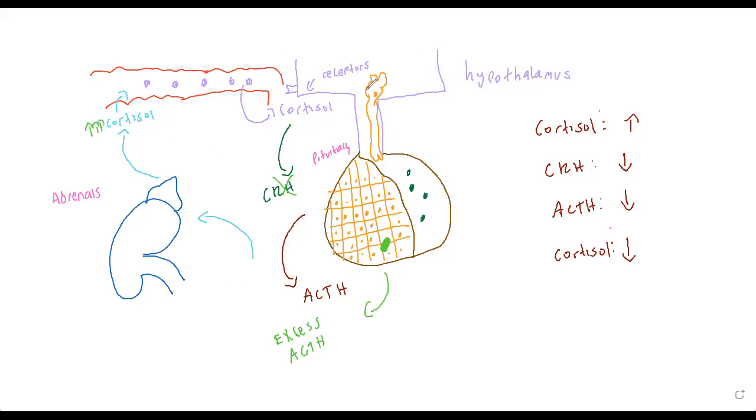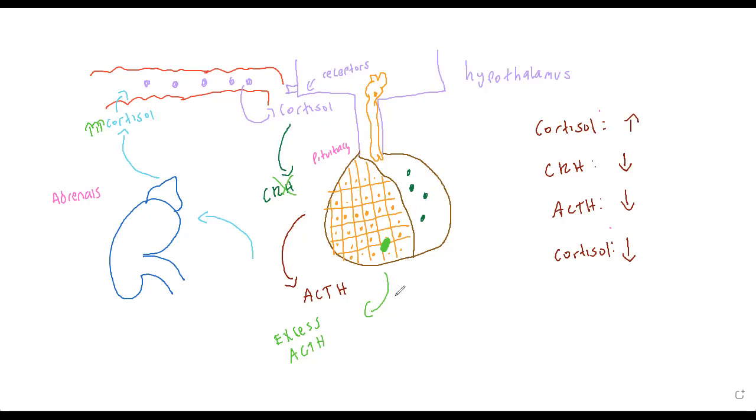And the hypothalamus is going to say, whoa, that's way too much. It's going to send a signal of CRH to tell the pituitary to slow down its ACTH secretion. But this tumor has taken over, and it's basically decided that it's just going to release as much ACTH as it wants to.